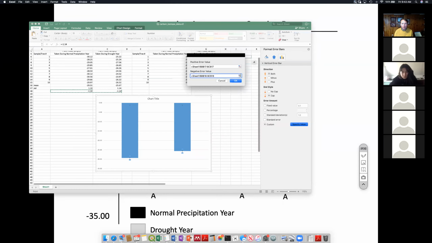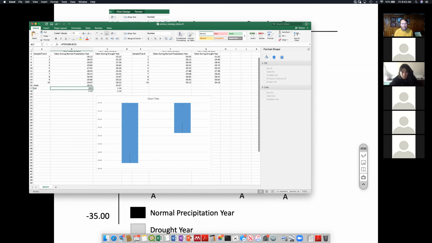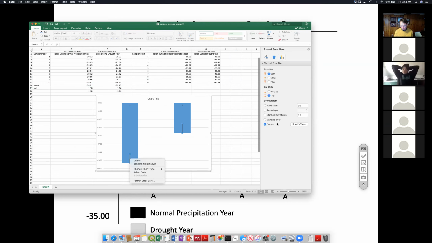Can you just put two on, one negative and one positive? That's what I did. So I'm telling it go 1.1 up and go negative 1.1 down, and it's not working. Let me try this.